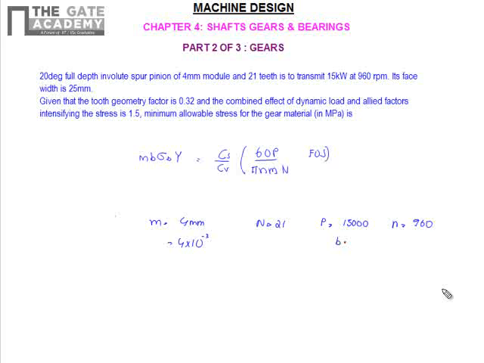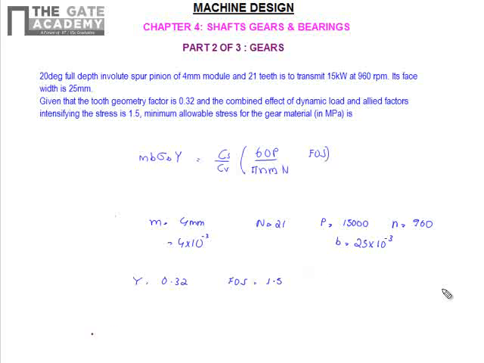Face width B is 25 into 10 power minus 3 meters. And the tooth geometry factor Y is 0.32. Combined effect of dynamic loads and allied factors intensifying the stress is 1.5. That is, the factor of safety is 1.5. Then what is the minimum allowable stress for the gear material?